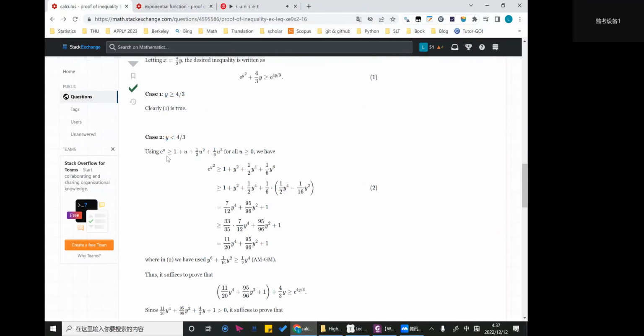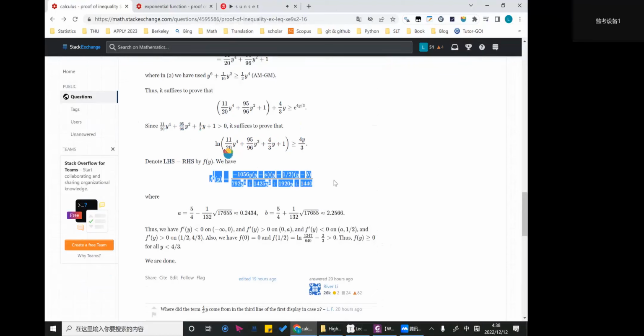Then, since this is larger than 0, we only need to prove this. Denote left hand side minus right hand side by f, and we calculate the first order derivative, and we get some range when it's larger than 0 or less than 0 on different intervals, and finally we get the critical value at 0 and 1/2.